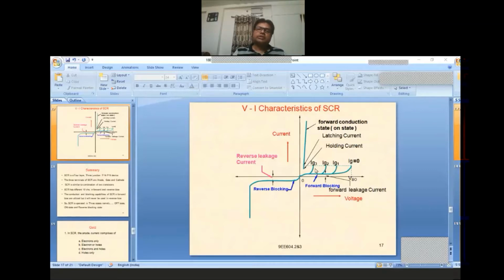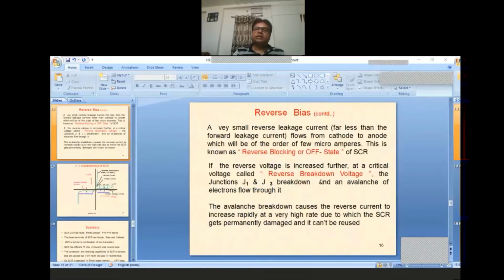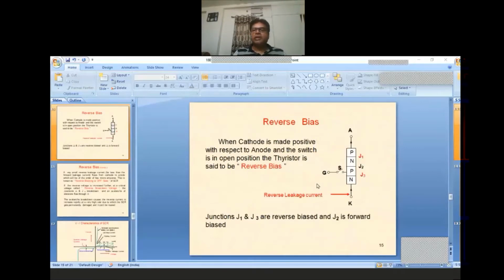And when it comes to the other side, that is the third quadrant, that is reverse biased condition, cathode is made positive with respect to anode. As usual, gate is open. So again we will try to increase only the voltage between the cathode and anode.